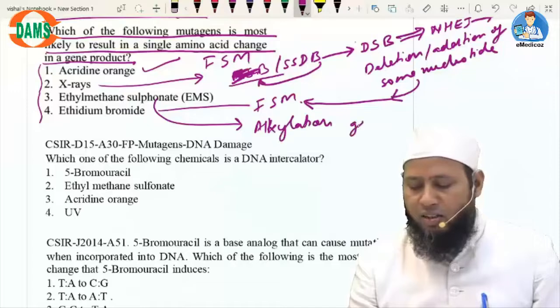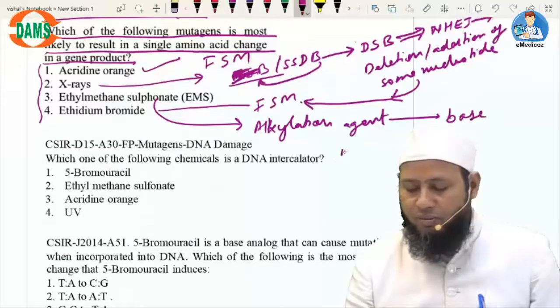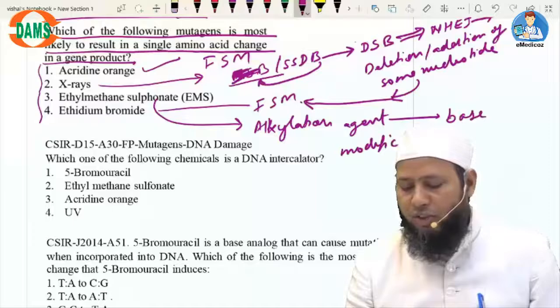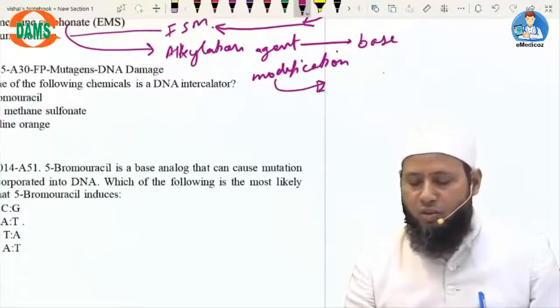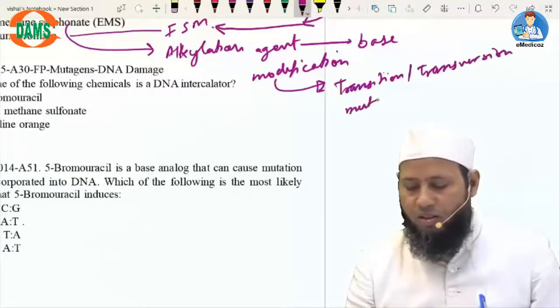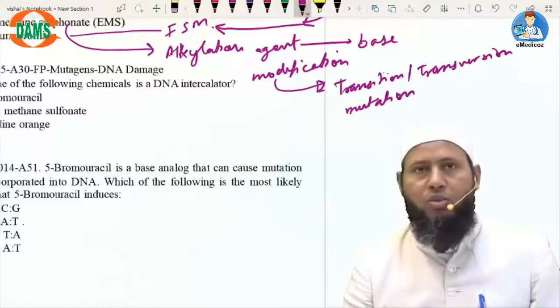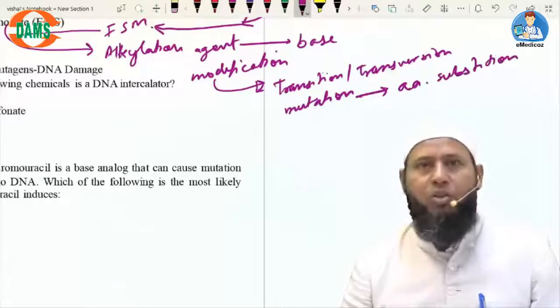The alkylating agents result in base modification, and the base modification will result in transition or transversion mutation, and that will result in amino acid substitution mutation.